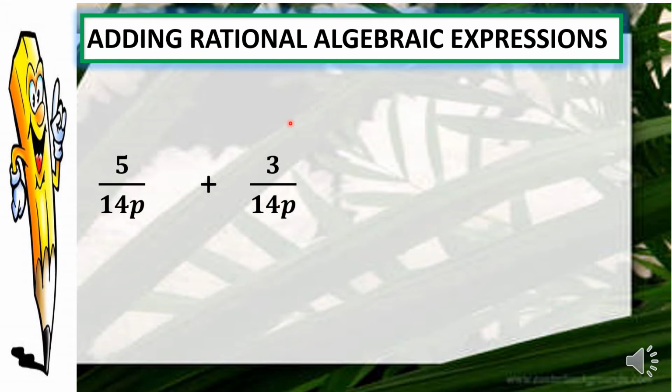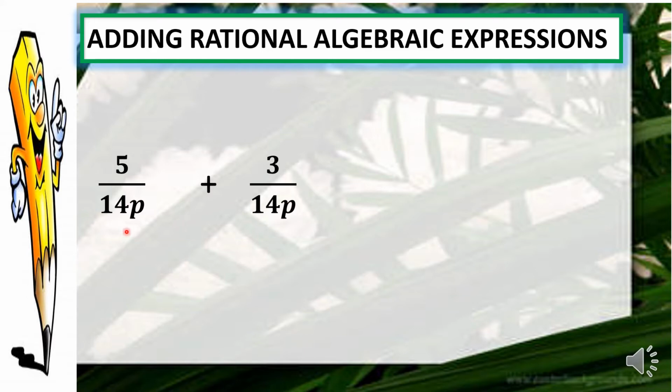So what is the sum of 5 over 14p plus 3 over 14p? As you can see, these are similar rational algebraic expressions. So tulad ng ginagawa natin kung paano mag-add ng similar fractions, ganoon din dito sa ating rational algebraic expressions.